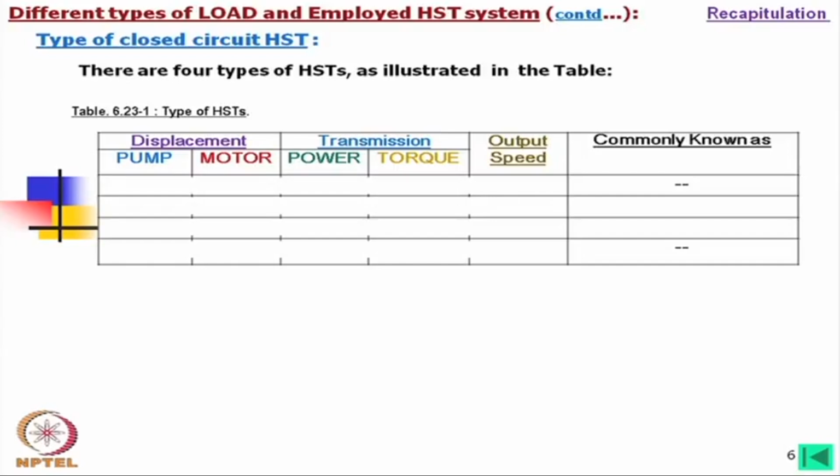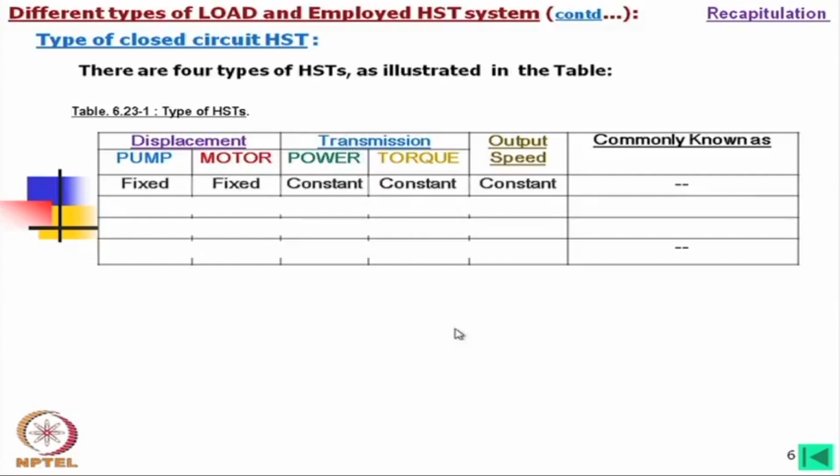In that case we mean closed circuit, may not be closed loop, but it is essentially a closed circuit. So, if you consider the closed circuit hydrostatic transmission system, then we will consider what type of displacement the pump and motor have, then the transmission type, and from there we will look into what the different types are.